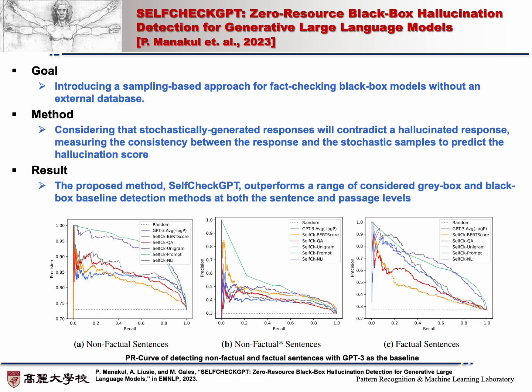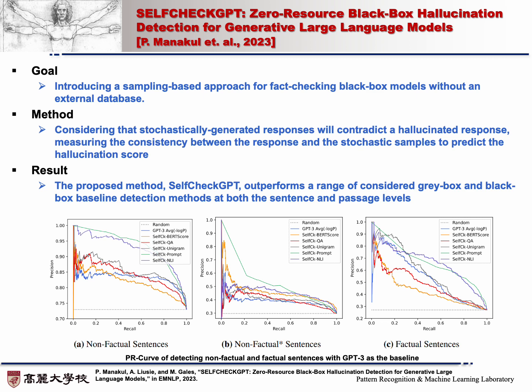As you can see in the graph in the center, for non-factual or hallucinated statements, SelfCheckGPT's performance is commendable, easily surpassing other existing methods. And when it comes to factual sentences, in the graph on the right, which are essentially true statements, SelfCheckGPT again stands out in its ability to correctly classify them.